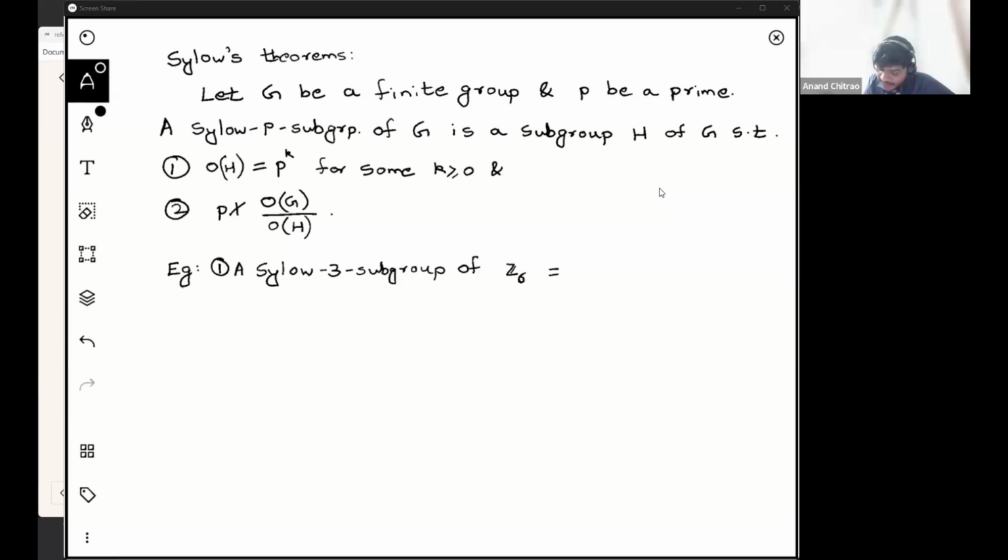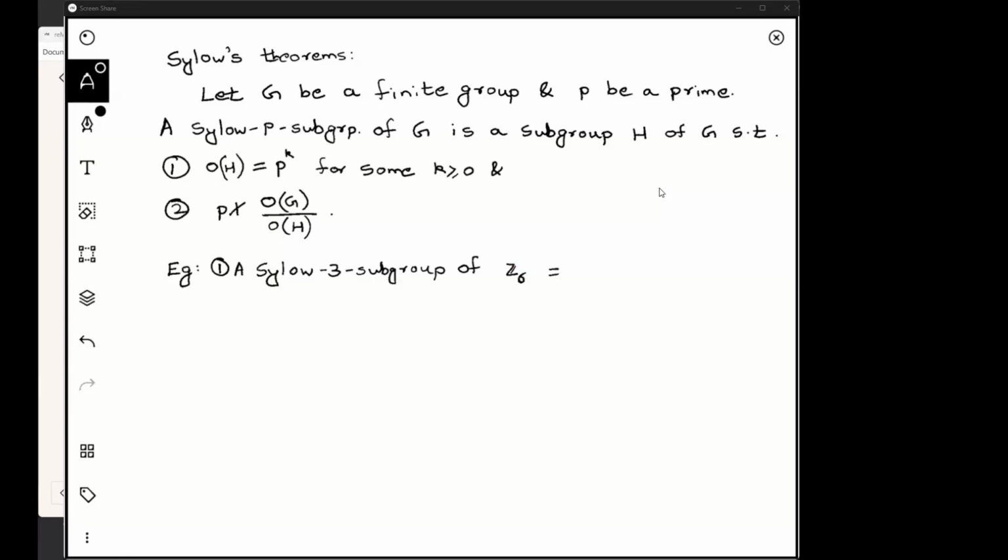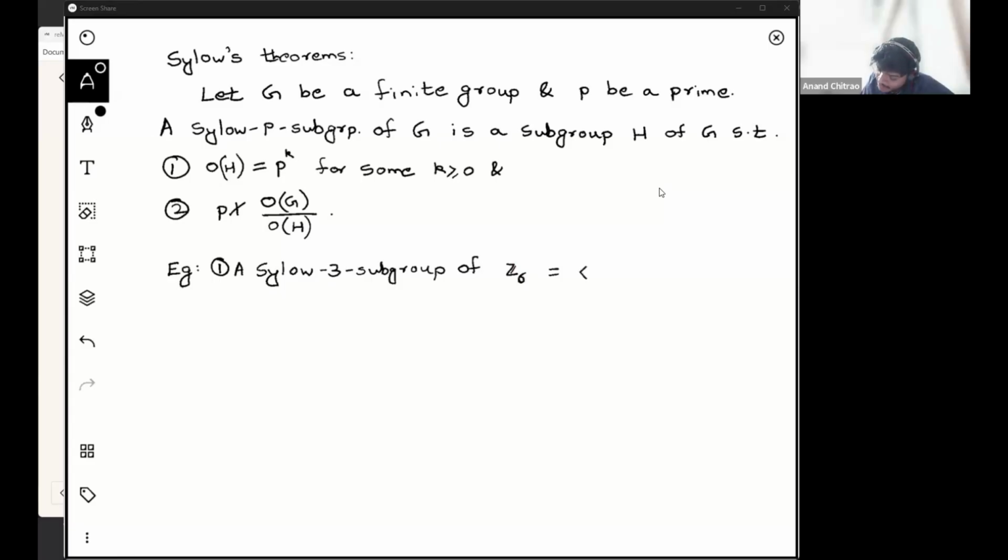Z3, yeah, but as a subgroup, what is it? Yeah, it is the subgroup generated by 2, which is 0, 2, 4. So why is that true? Is it clear?